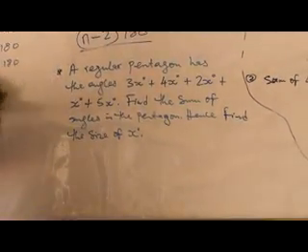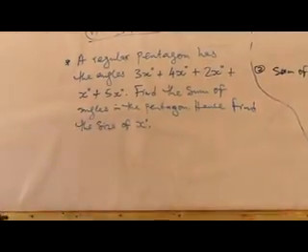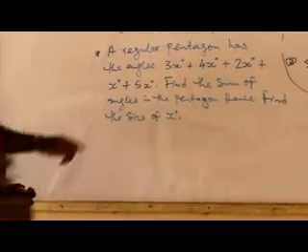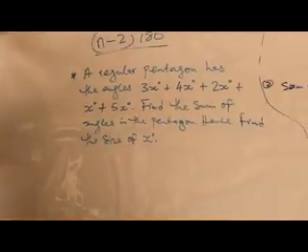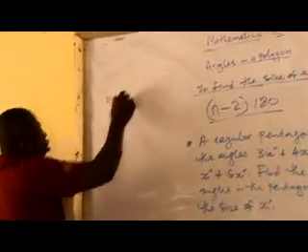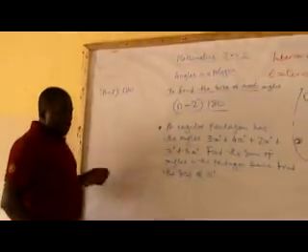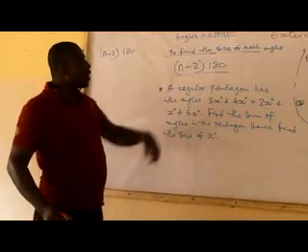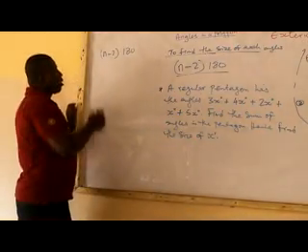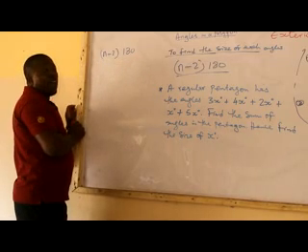For us to do that, just like we solved before, for a given pentagon we say n minus 2 multiplied by 180. A pentagon has 5 sides, so n here will be equal to 5.